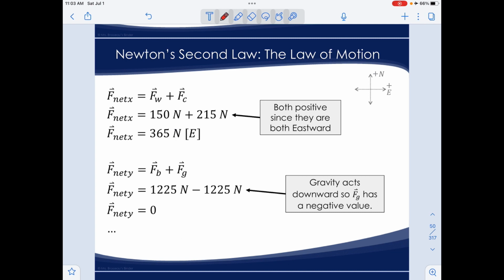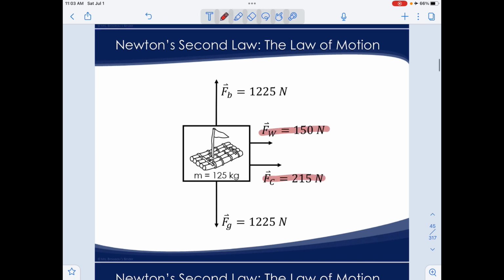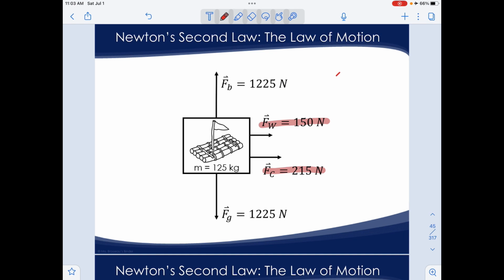So here we have F net in the x direction. What are the forces? Let's go back to our free body diagram. What forces do we have in the x direction? Well, we have this force and this force. So F net in the x direction would be Fw plus Fc.